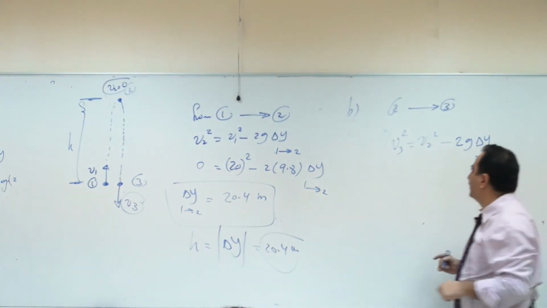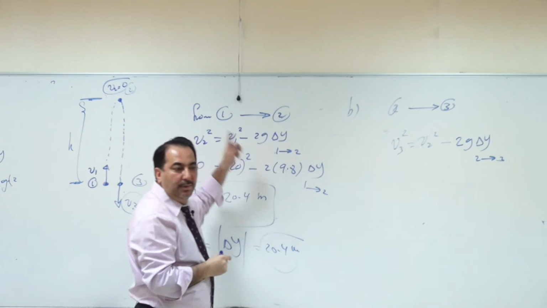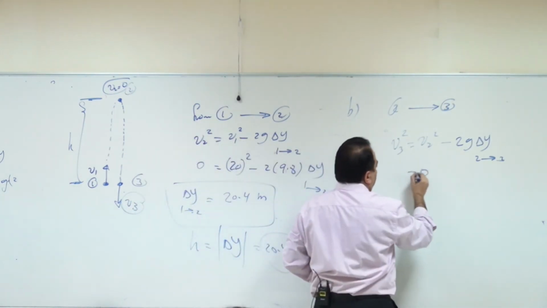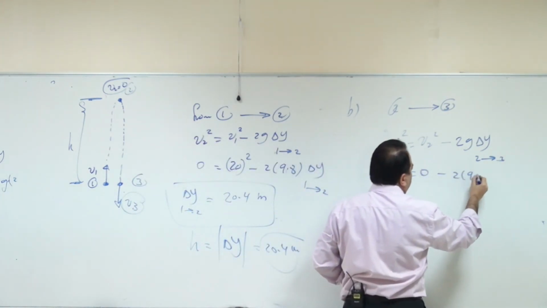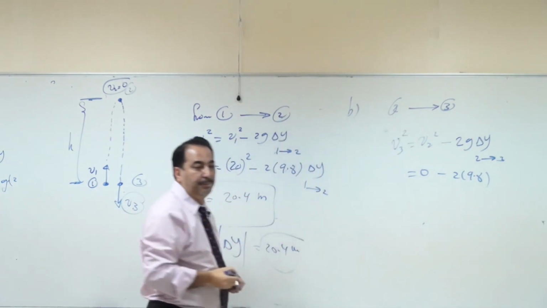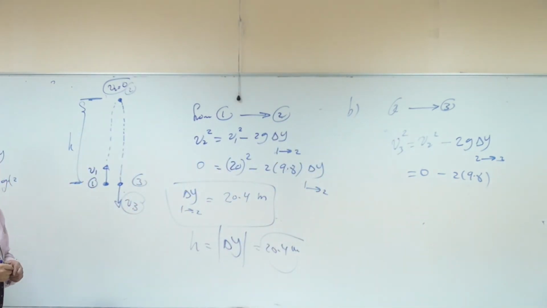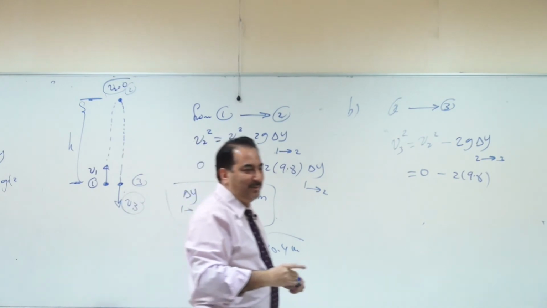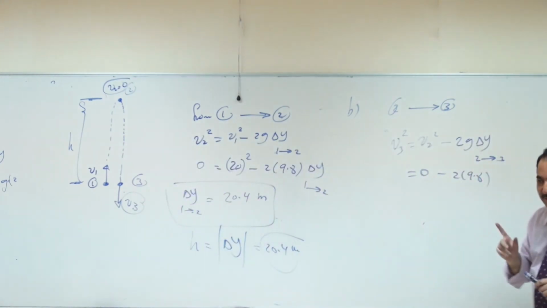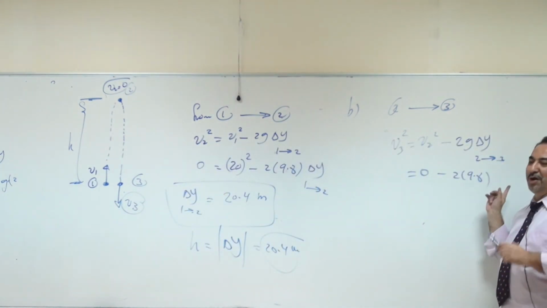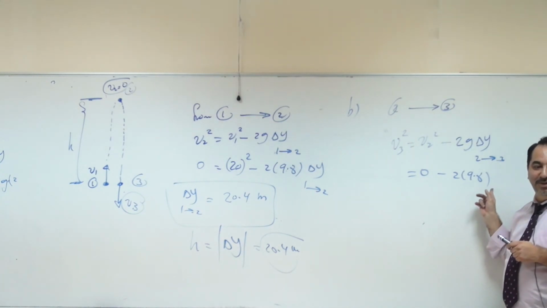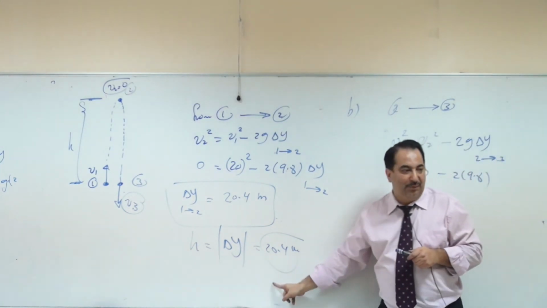Now give me the numbers. What is V2? 0. Minus 2, 9.8. What else do you know? Minus 20. Well done. But some of you, I think, you put already in your head here, what? 20 point? It's wrong.